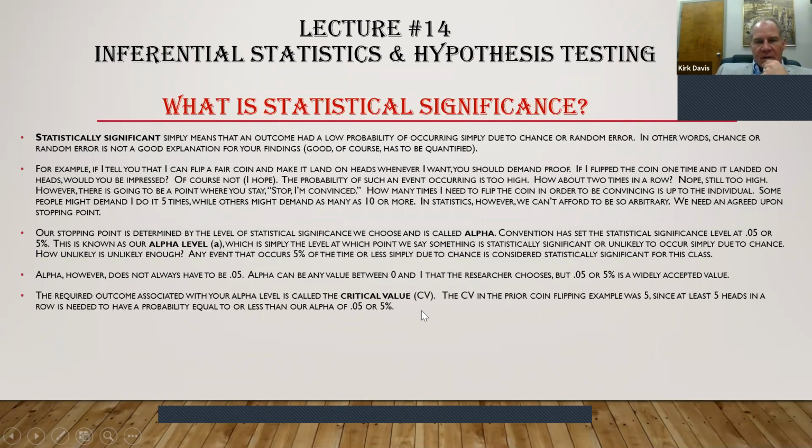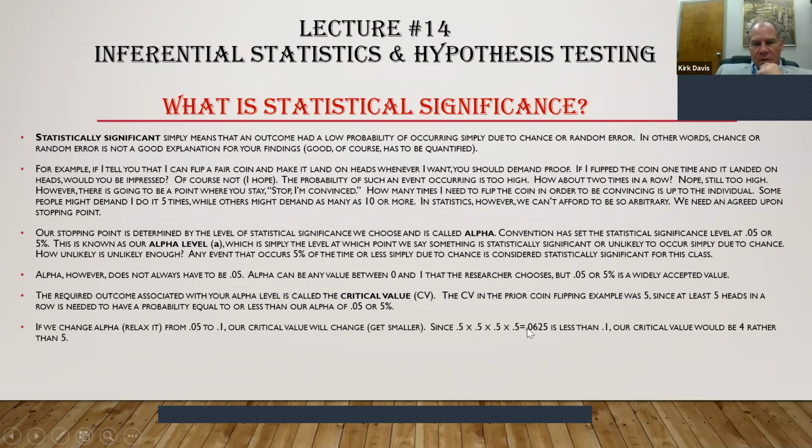Now there's a value that is always associated with your critical value or your alpha level. And that depends on the type of experiment that you're doing. So in the coin flipping experiment, there's a certain number of heads that I have to flip and obtain to get my probability less than 5%, or probability less than 0.05. And in this case, it actually turns out to be 5. So we said 1 head in a row is 0.5, 2 heads in a row is 0.25, 3 in a row, and so forth.